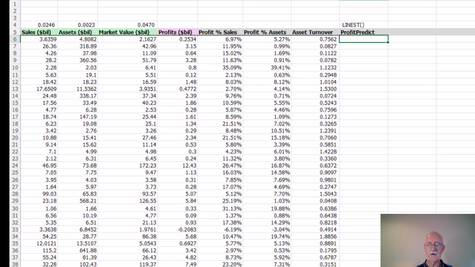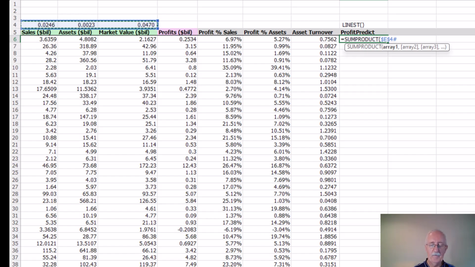So we do this. SUMPRODUCT, these three coefficients, and then comma, now row by row, sales, assets, because we're going to multiply those coefficients by the individual values, plus, don't forget, the intercept. Don't forget the $ signs.